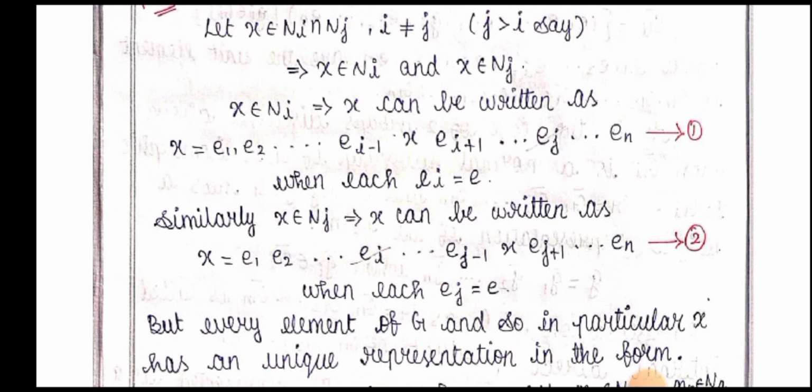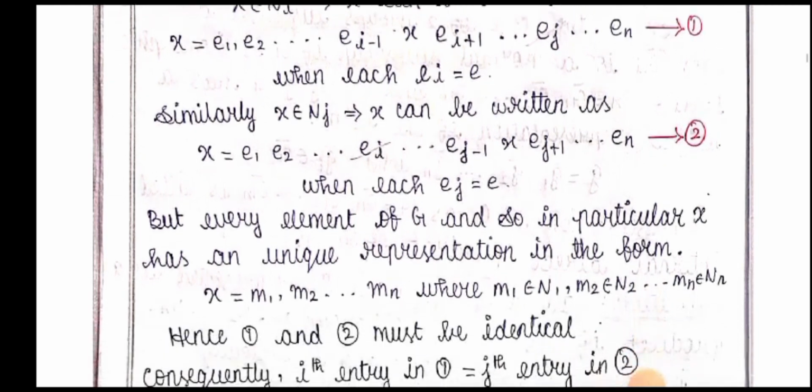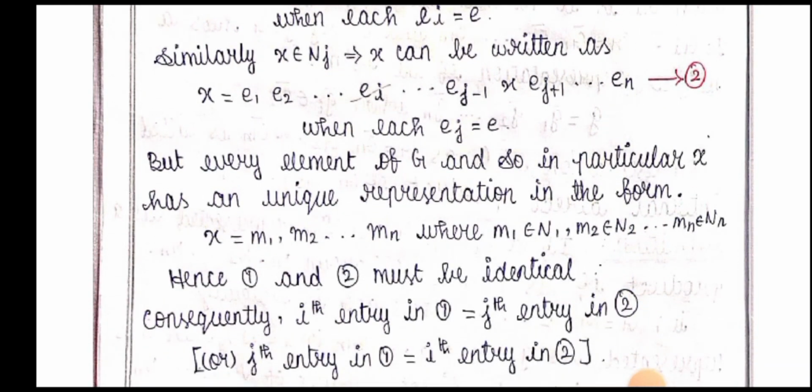In both the equations, all the other entries are equal to e. But we know that every element of G, and so in particular x, has a unique representation in this form. Whether it is an internal direct product or external direct product, the representation of any element in G is unique.